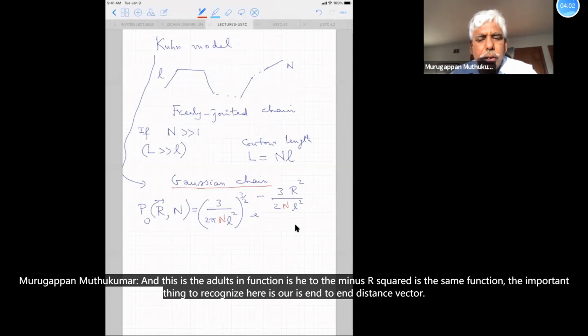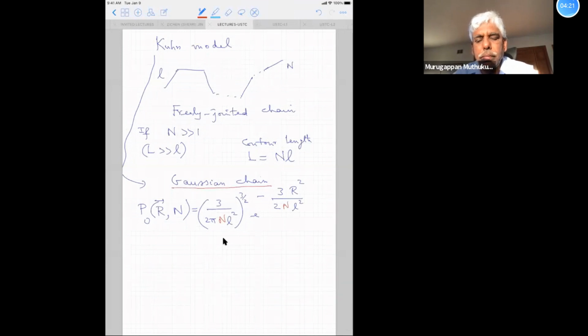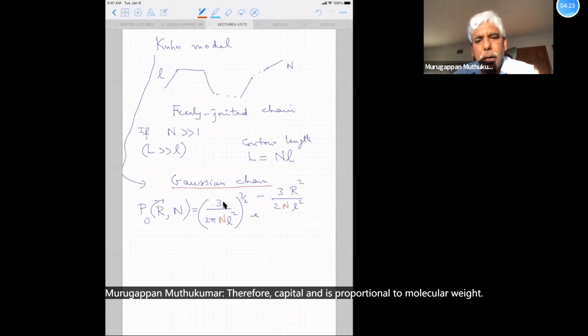The important thing to recognize here is R is the end-to-end distance vector from one end to the other, and n is the number of segments. And as you know, capital N is proportional to little n, the number of actual repeat units. Therefore, capital N is proportional to molecular weight.